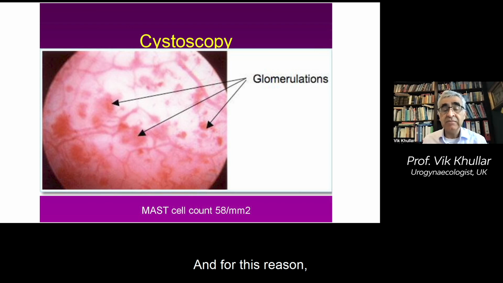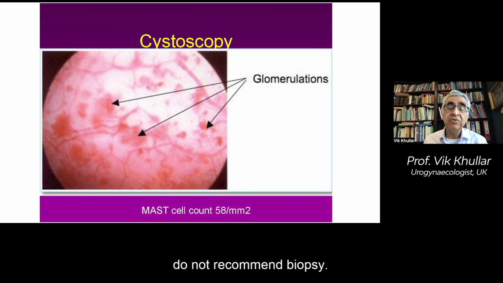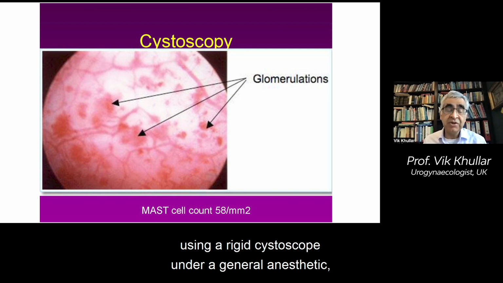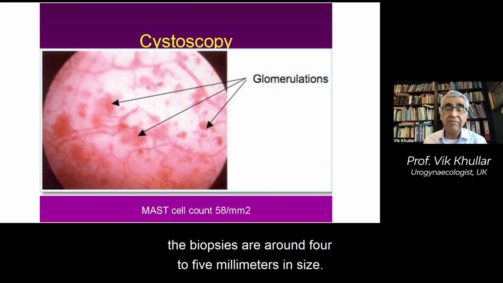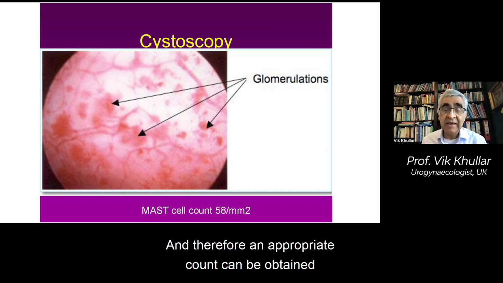And for this reason, the guidelines for the American Urological Association do not recommend biopsy. Whereas in Europe, where biopsies are done using a rigid cystoscope under a general anesthetic, the biopsies are around 4 to 5 millimeters in size, and therefore an appropriate count can be obtained about histology.